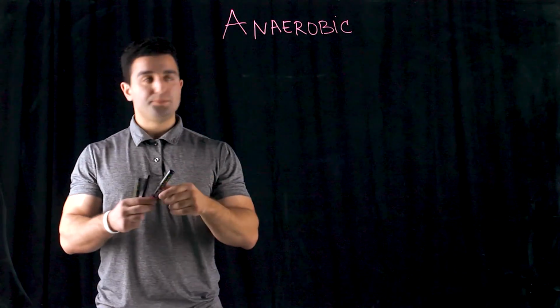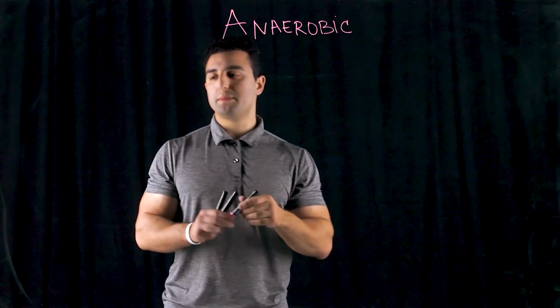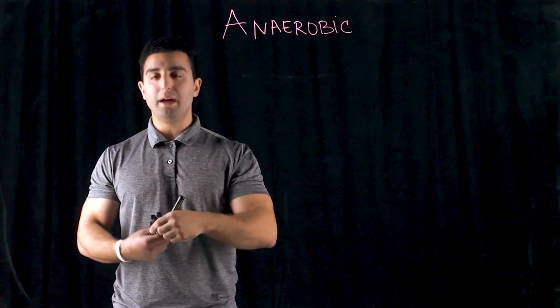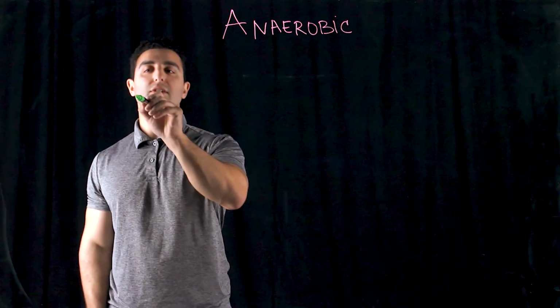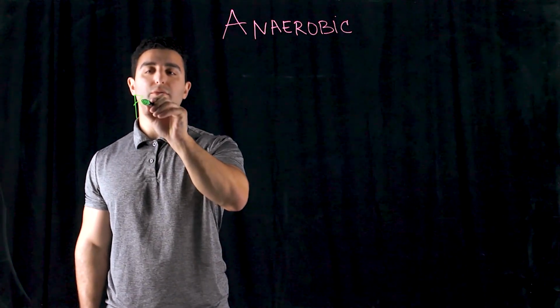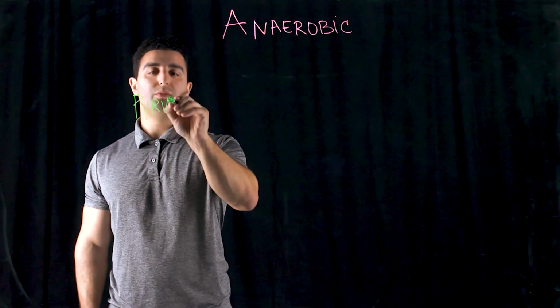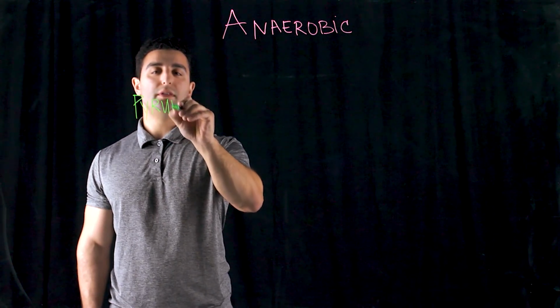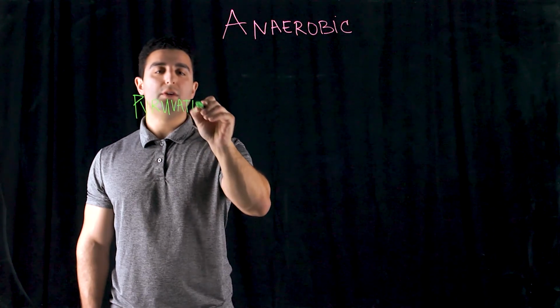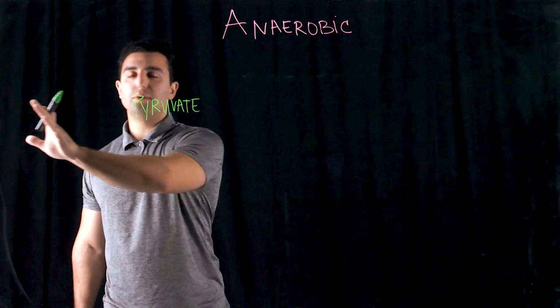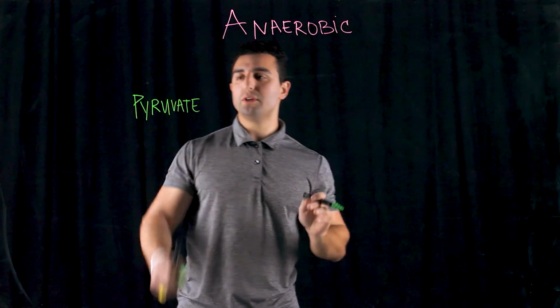When we look at anaerobic respiration, the first chemical that comes to mind is the starting substrate, pyruvate, which comes from glycolysis and the breakdown of glucose.